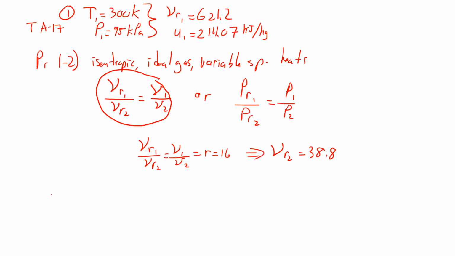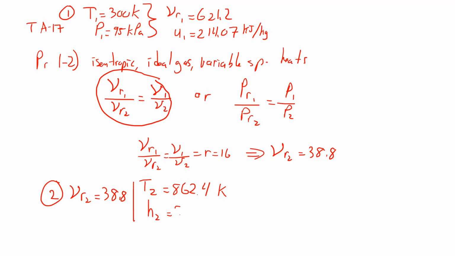Then I can go to state 2, knowing my relative volume of 38.8, go back to the ideal gas tables, and find that T2 is 862.4 Kelvin, and h2 is 890.9 kilojoules per kilogram.